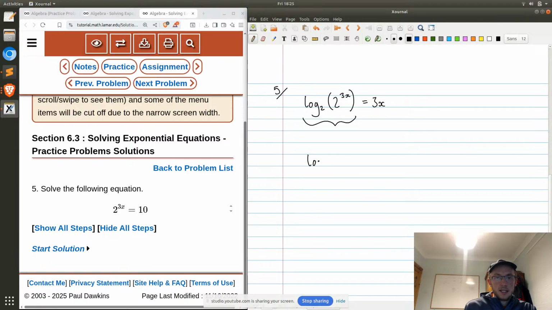And so if I take log base 2 of both sides, of the left side and of the right side, then I'll end up with 3x on the left and some number on the right.